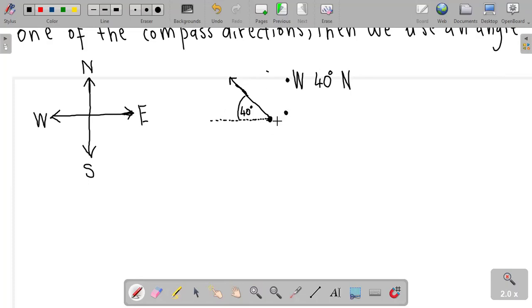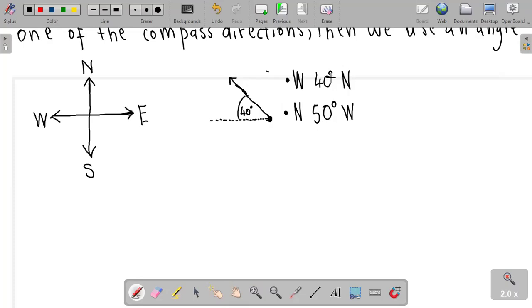Or if you go from the north, then you will go 50 degrees west. So the two angles should add up to 90.